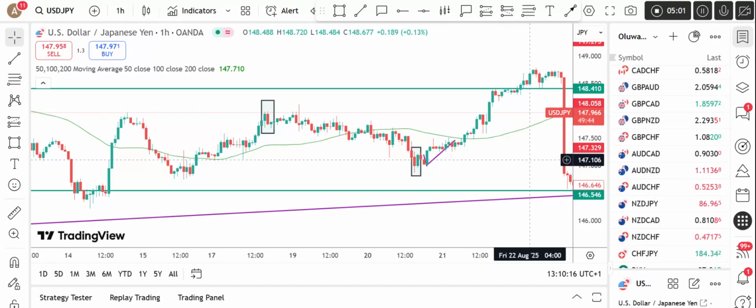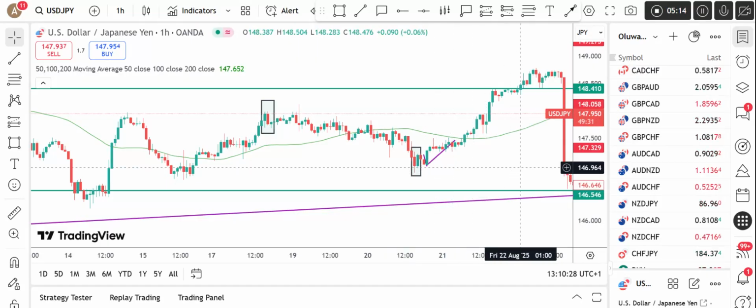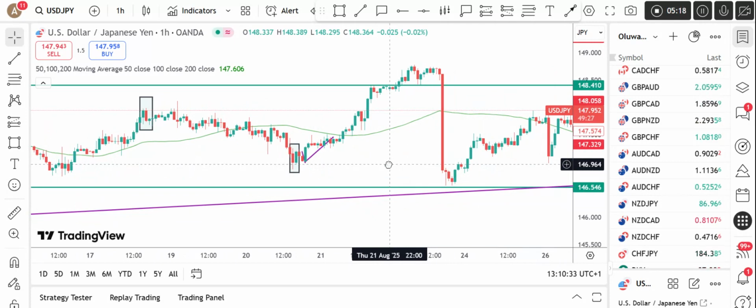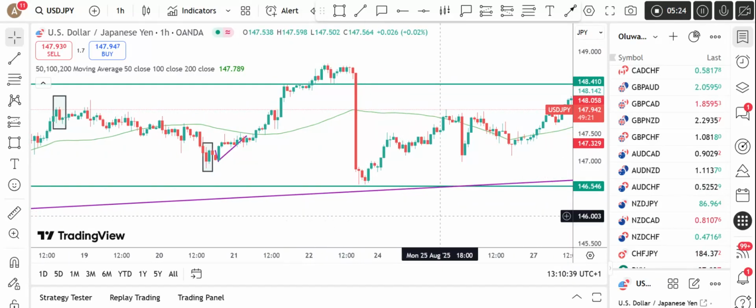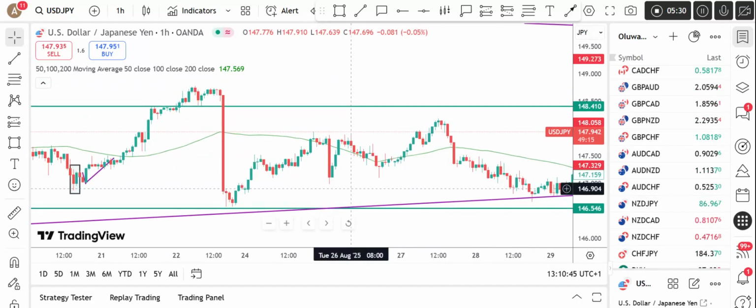Then the next one is the bullish hammer, so you can say hammer. Let me look for a hammer. It means the candlestick will not have a big body, we just have a small body.